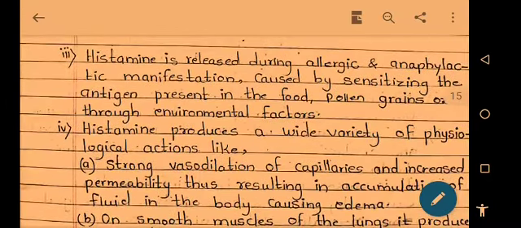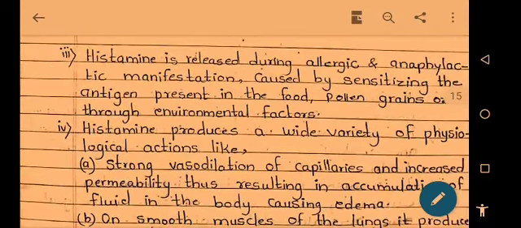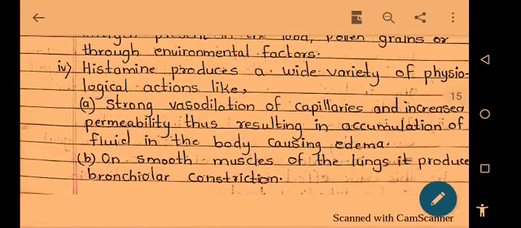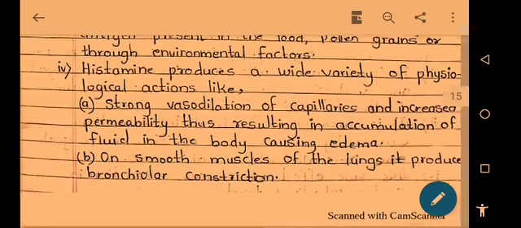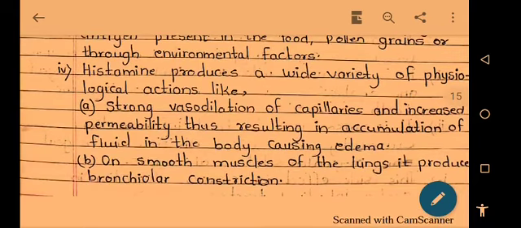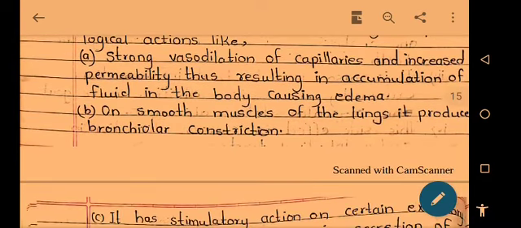Histamine produces a wide variety of physiological actions, like strong vasodilation of capillaries and increased permeability, thus resulting in the accumulation of fluid in the body, causing edema. On the smooth muscles of the lungs, it produces bronchial constriction.